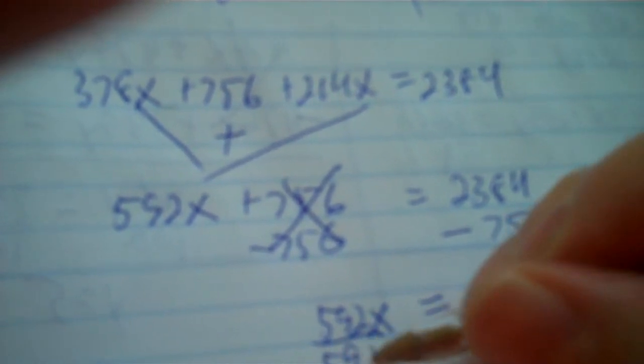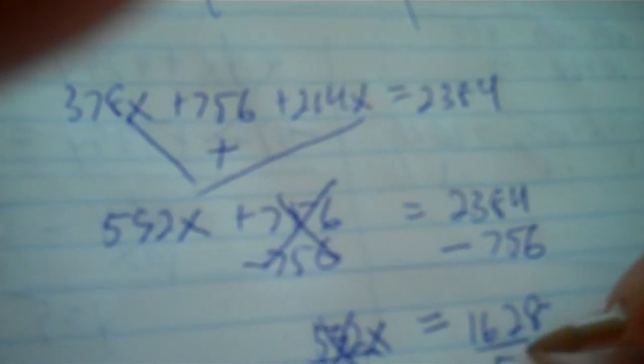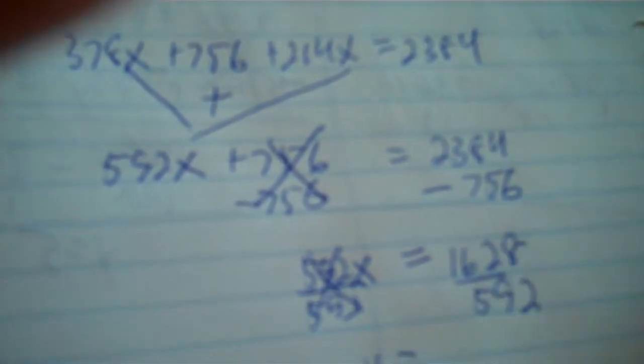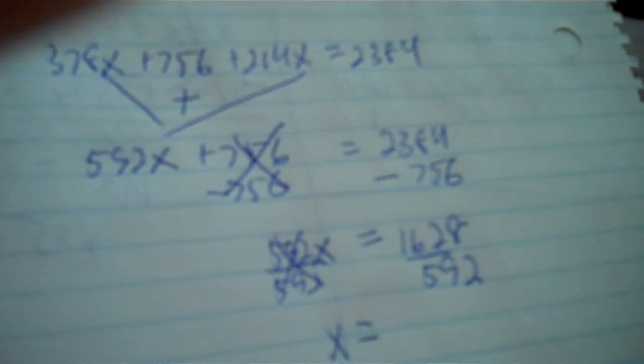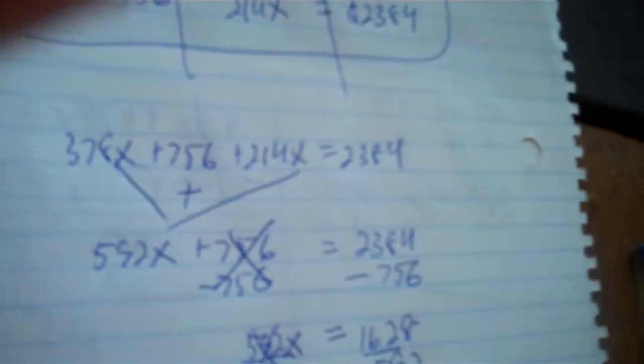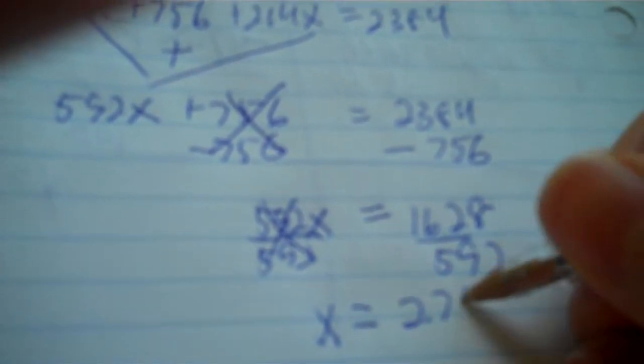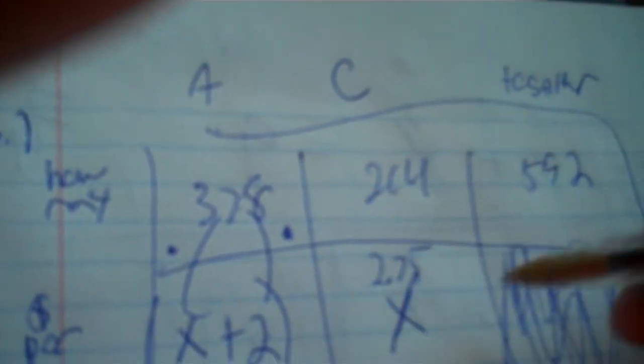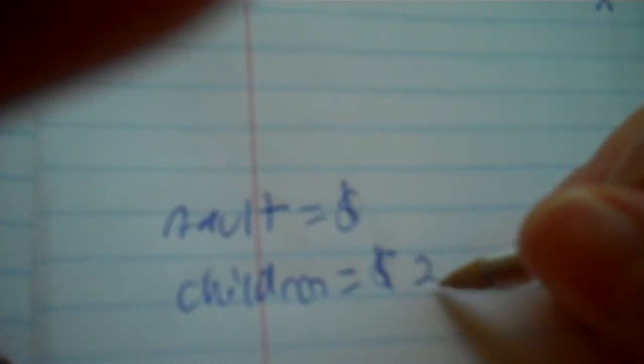Then I divide by 592. And 1,628 divided by 592 is 2.75. But I want the decimal because it's dollars. So x is 2.75. That's how much the children's pass costs.